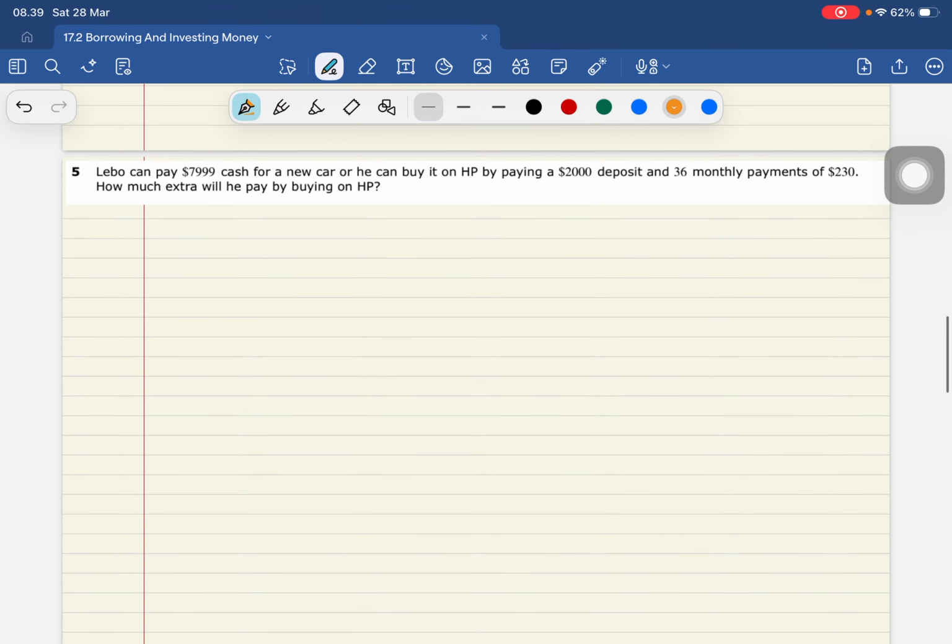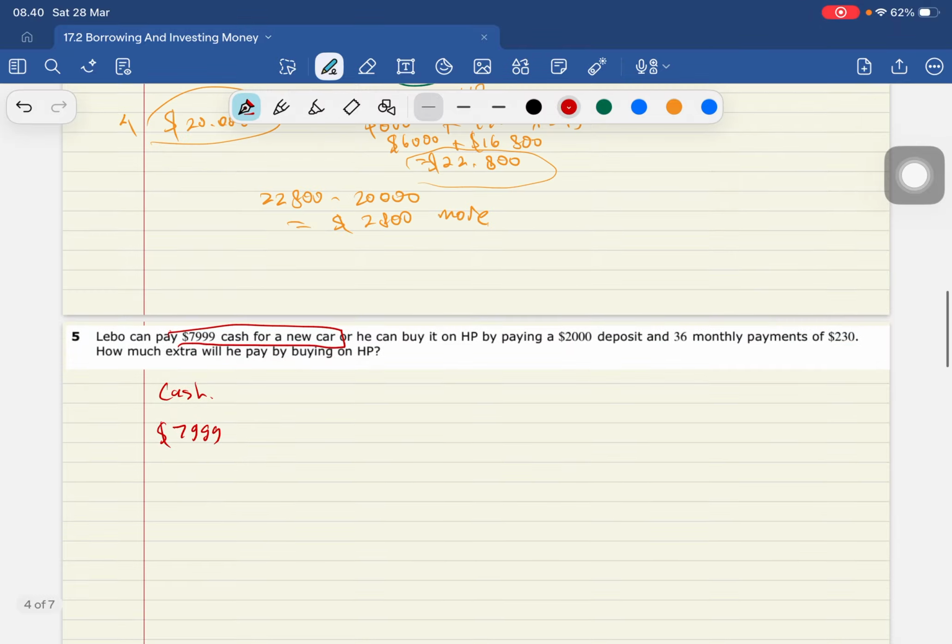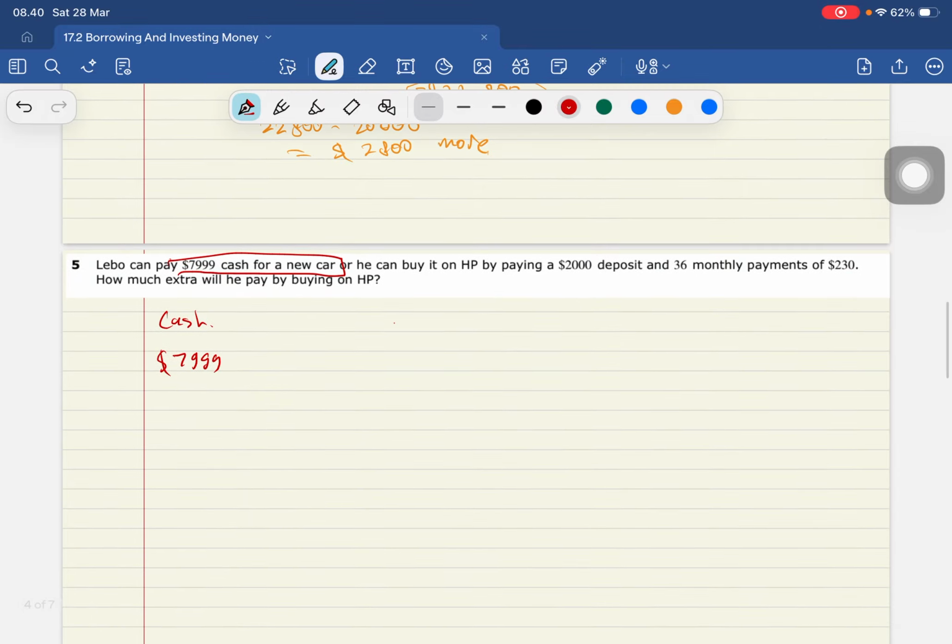Number 5, you can pay cash for a new car, so the cash price, let me write it here, is $7,999. With the hire price, we have to deposit $2,000 first, and the installments are 36 payments of $230.